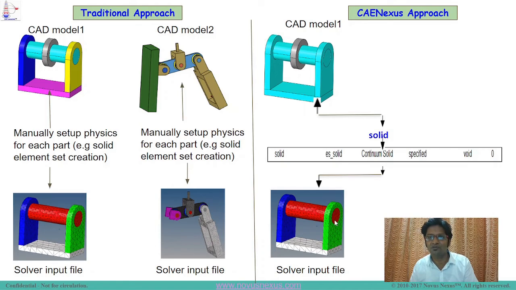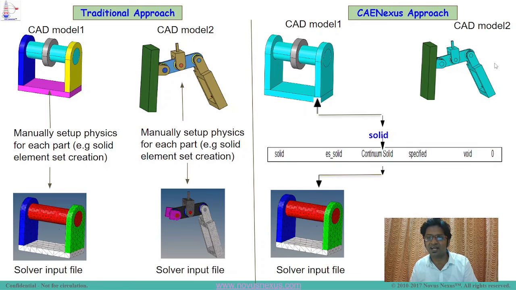So tomorrow when my CAD model changes, I don't have to repeat the procedure. I only have to make sure that this abstract class is present in my CAD model, and when I link my abstract model file with the CAD model, the physics related to the solid element set automatically gets transferred onto the required part.